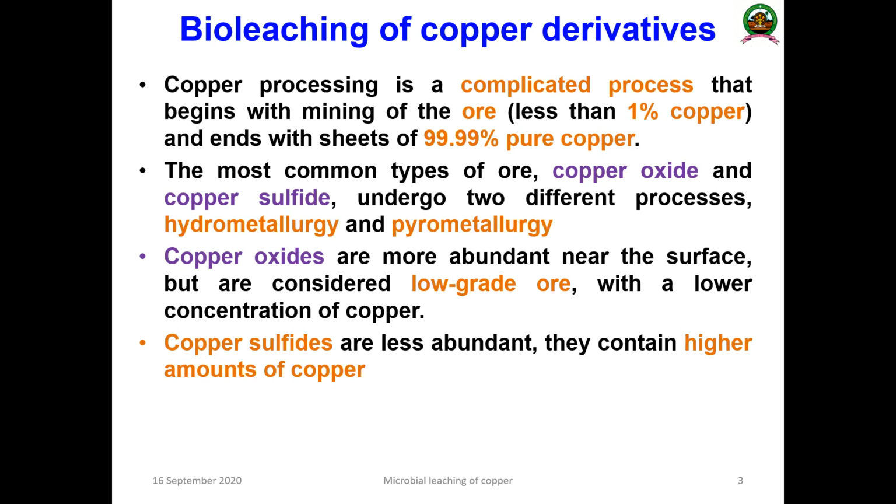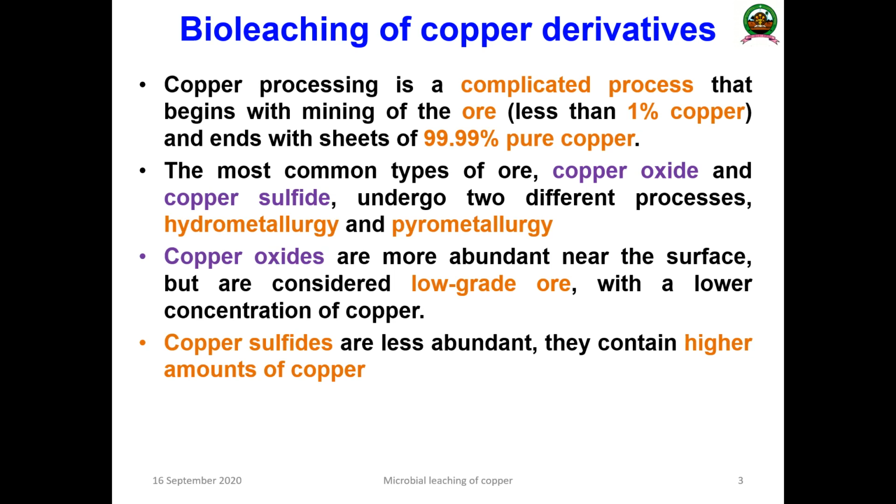Copper leaching, that is copper processing, is a somewhat complicated approach which begins from the mining of the copper ore, which consists of only 1% copper, and ends with a sheet of 99.99% pure copper. That is the importance of bioleaching.